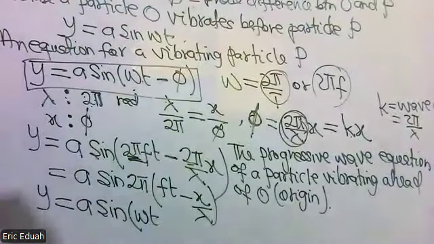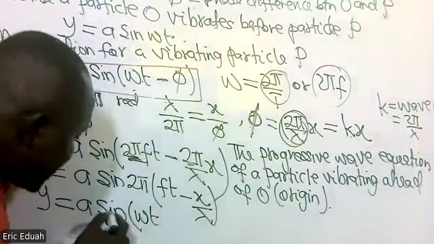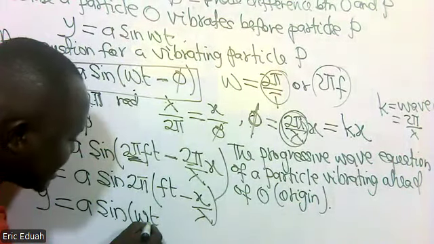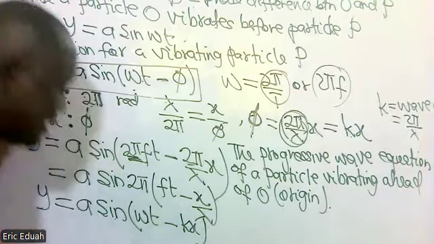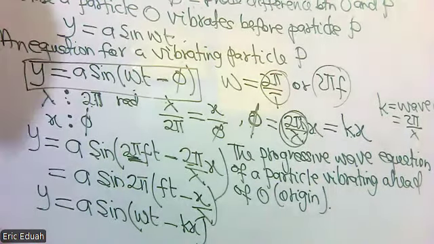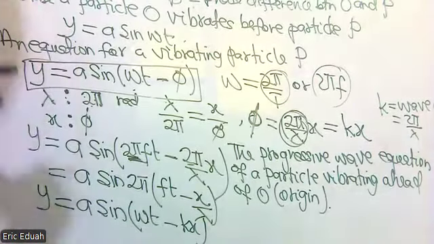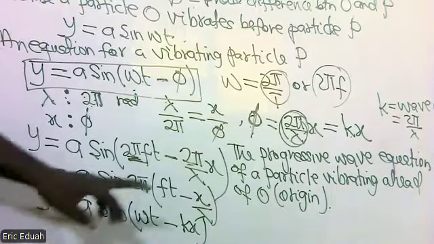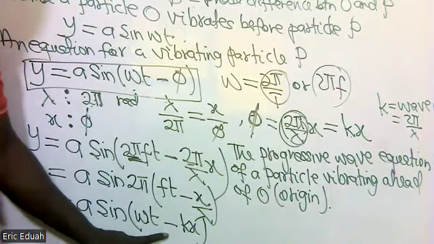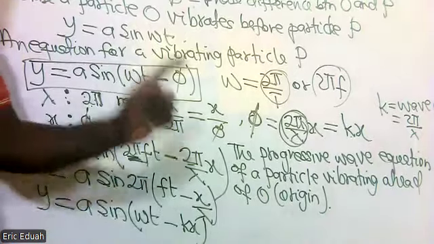So when you are compressing it, you can write it as y = a sine omega t minus kx. And this will be the compressed form of the progressive wave equation. So by the minus, don't forget that the wave is moving from left to right.